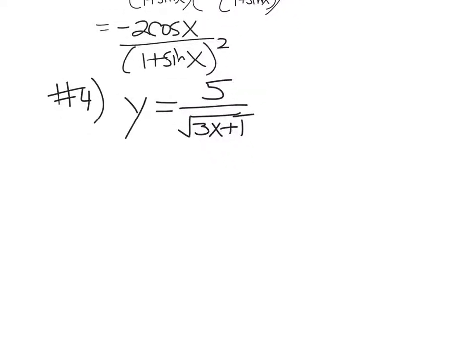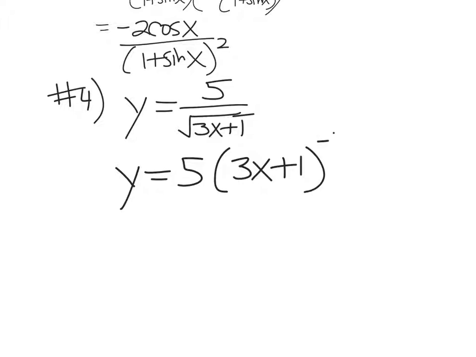You will have to do chain rule, but you're not going to have to do quotient rule. So you can rewrite this. The square root of 3x plus 1 on the bottom can be rewritten as 3x plus 1 to the negative 1/2. Right? You agree with that? Yeah. And since 5's a constant, you don't have to do product rule here either.